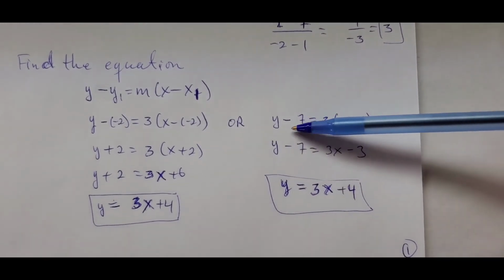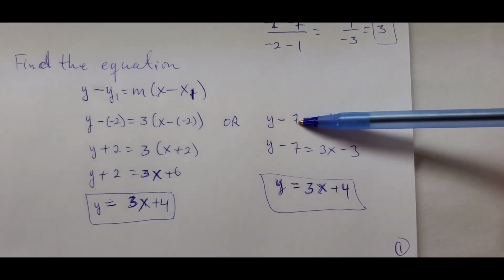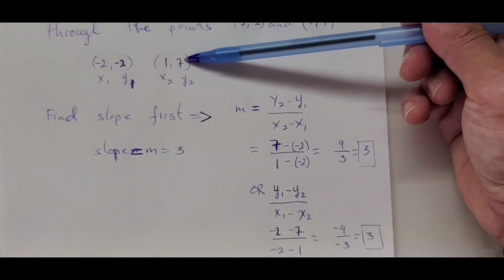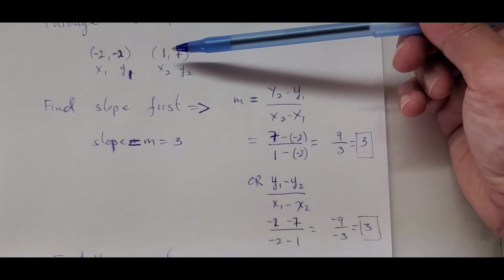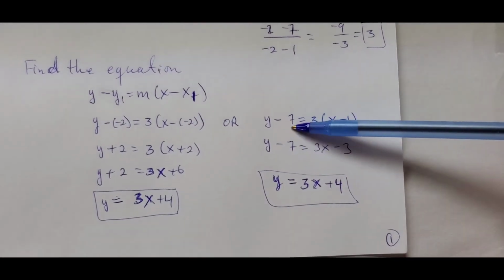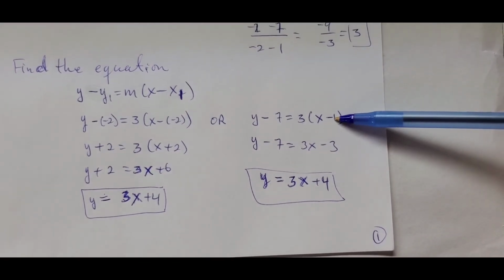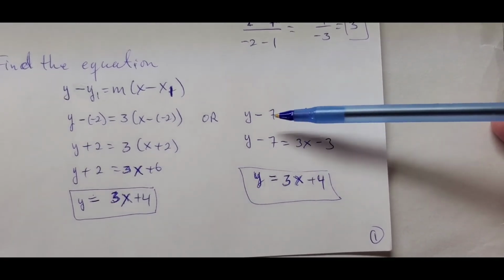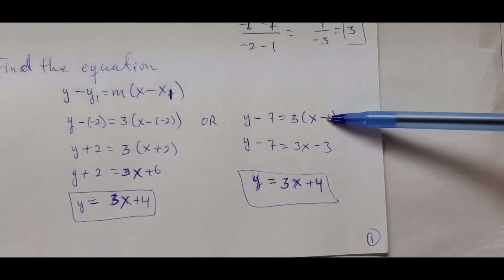My second y was 7, so +7. That's the y2, and then the x2, which is 1. So plug them in: here is y2 and here is x2. We don't need extra parentheses here because there's only one negative, same thing over here.